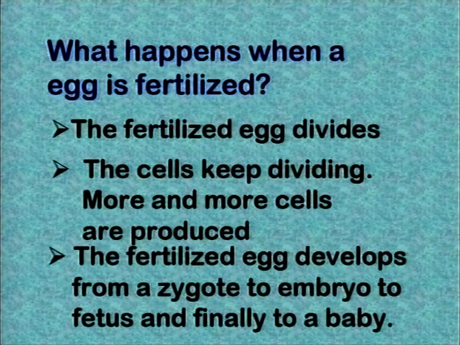The fertilized egg develops from a zygote to an embryo, to a fetus, and finally to a baby. So the first thing is, you've seen a cell that divides into 2 and into 4, and it continues, if you can remember the video. So straight after fertilization, that is what happens.